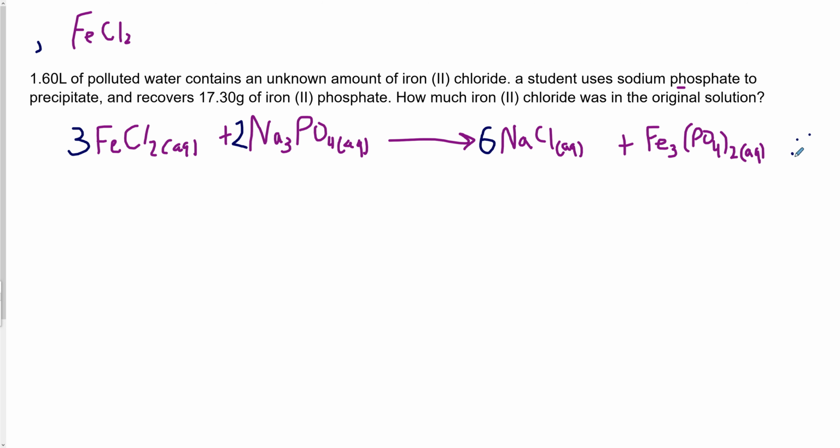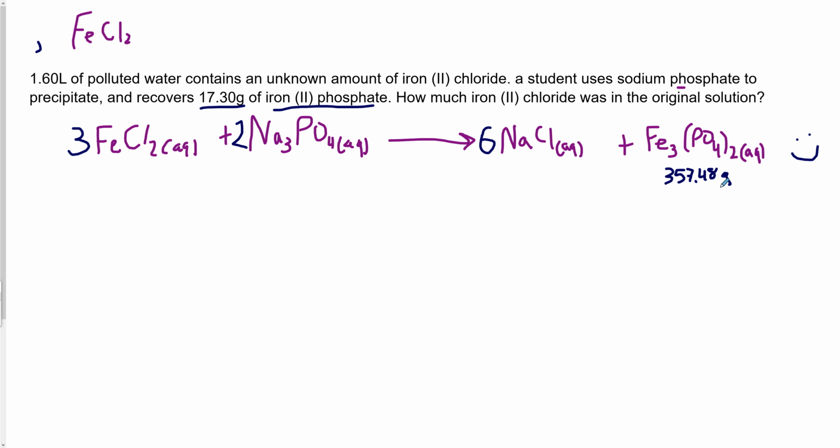Now we have to find the amount of moles of iron 2 phosphate. I didn't pre-Google it, so I'm just going to look it up now. Iron 2 phosphate has a molar mass of 357.48 grams per mole.